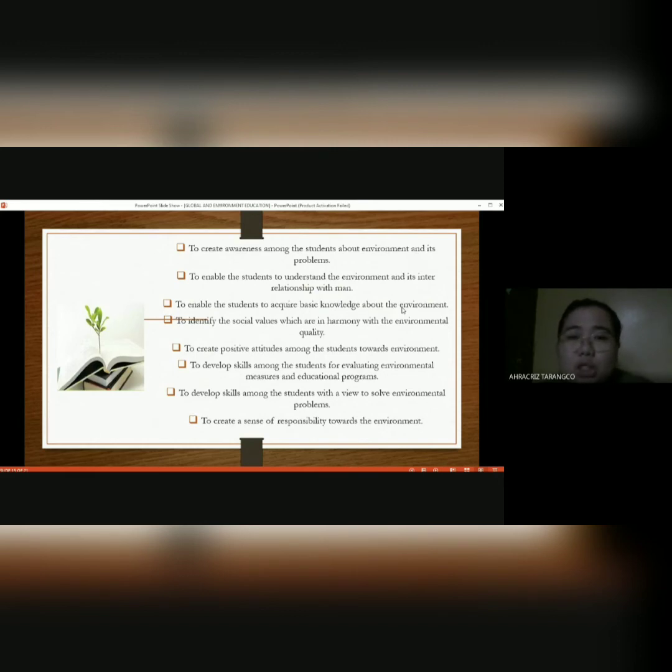To enable the students to acquire basic knowledge about the environment and to identify the social values which are in harmony with the environmental quality, and to create positive attitudes among the students towards the environment, and to develop among the students the ability for evaluating environmental measures and educational programs. And then the next one is to develop skills among the students with a view to solve environmental problems, and to create a sense of responsibility towards the environment.